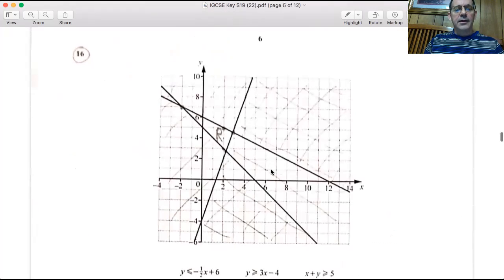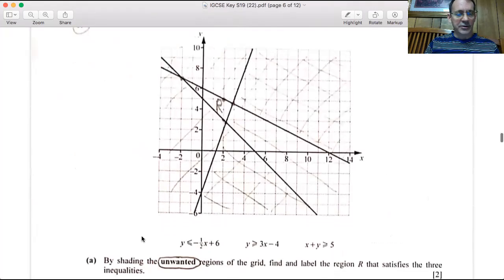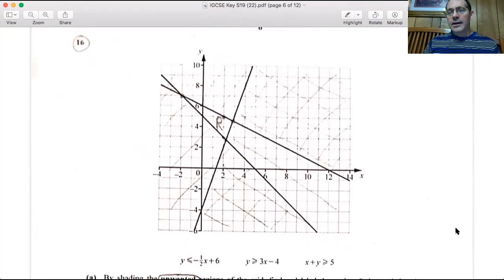Okay. Now moving on to 16, here we have linear inequalities. There's a very important notice here. Notice Cambridge puts "unwanted" in bold. Now, why do they do that? Well, some curriculums, when they teach linear inequalities, have you shade the wanted region.